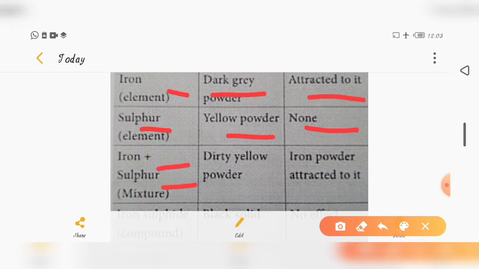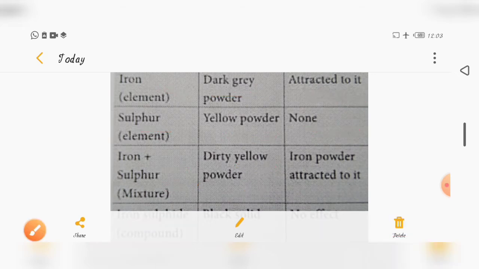Iron and sulfur together form a dry yellow powder. Iron powder is attracted by the magnet, but sulfur is not, so they can be separated. Next you see iron sulfide, a black solid, with no effect of magnet. It cannot be attracted by the magnet.